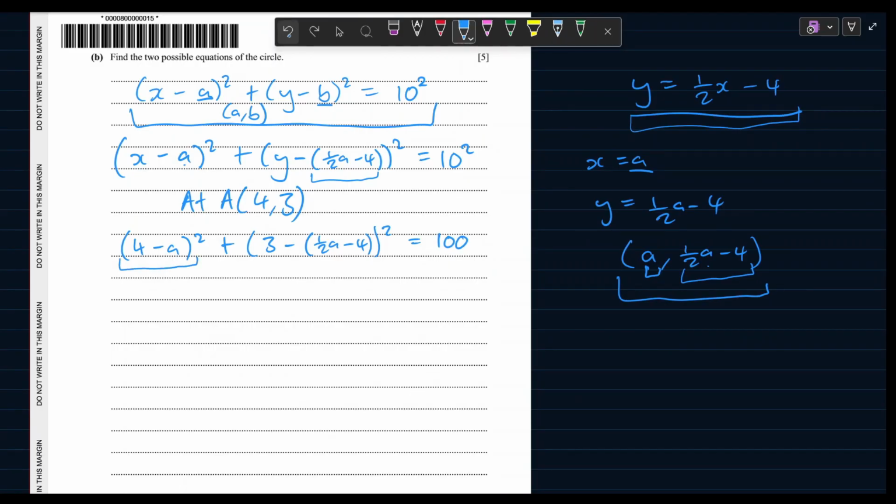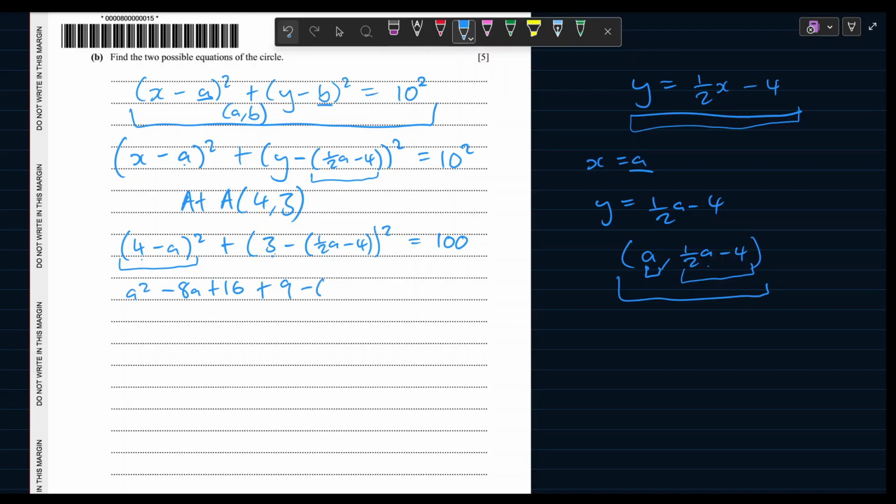So square the negative a, you get a squared. Then 2 times 4 times negative a gives us negative 8a. Square the 4, you get 16. Plus, and then here we're going to do the same. So square the 3, that's 9. And then 2 times 3 times negative this bracket.